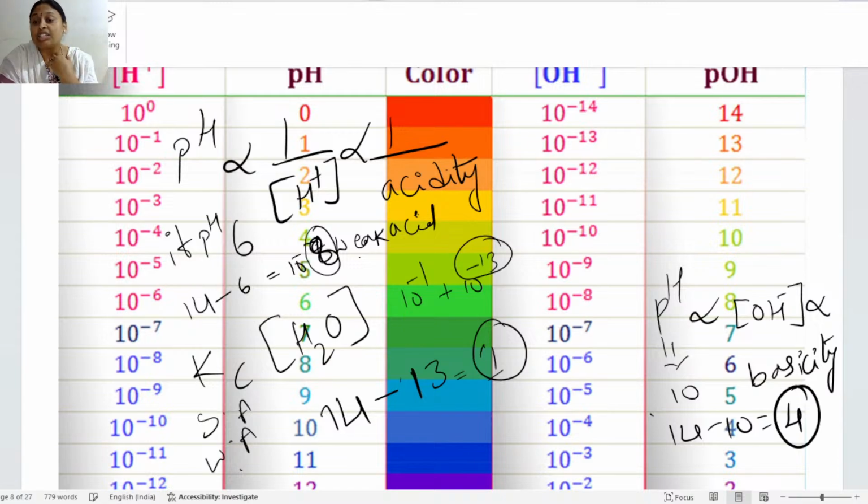So 4 units is responsible for the OH minus ions concentration, not for the H plus ions concentration. That's why whenever pH is more for a base, the OH minus ions concentration will be more. In that way we can identify whether the given sample is an acid or a base.